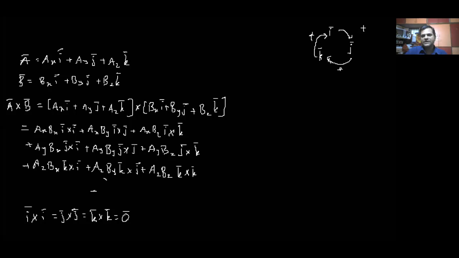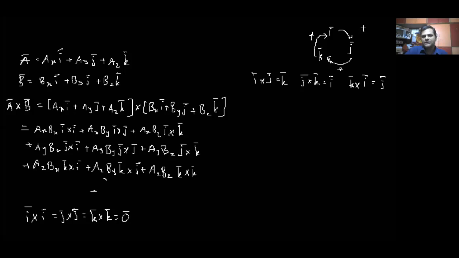और उसमें हम लिख सकेंगे कि I बार क्रॉस J बार is going to be K bar and at the same time J bar cross K bar is also going to be I bar and at the same time K bar cross I bar is going to be J bar.